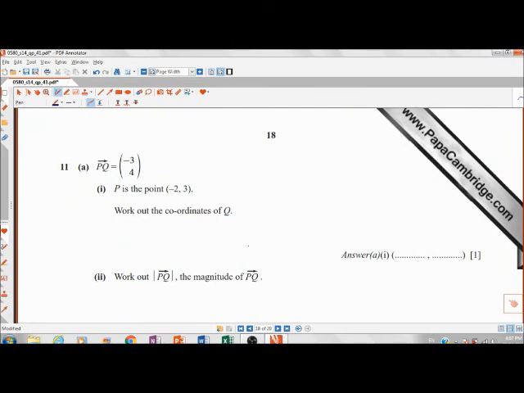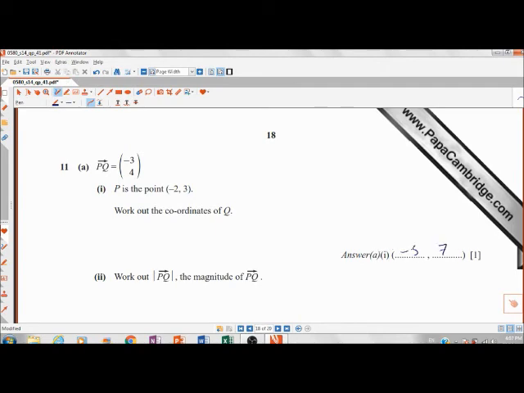Vector PQ is negative 3, 4. P is the point 2, negative 2. Work out the coordinates of Q. So this one's easy. All you have to do is 2 plus negative 3, which is minus 1.